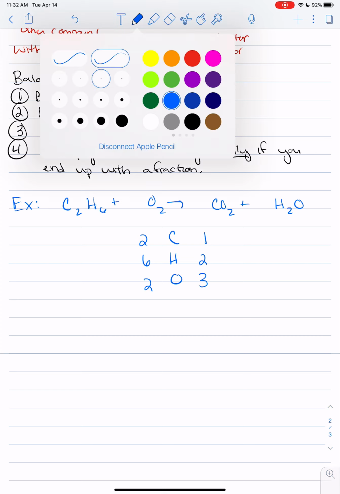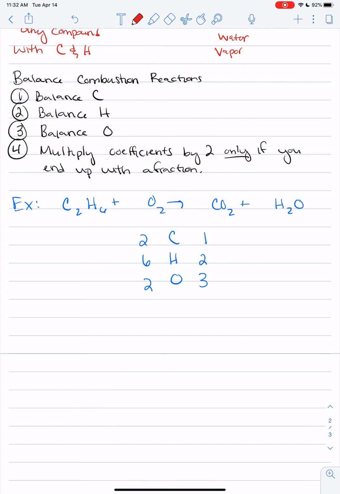So let's start by balancing our carbon. We have 2 on the left, we need 2 on the right, we only have 1, so we're going to multiply it by 2. That's going to change our carbon to 2, so that will be balanced. But now it's also going to change that oxygen. So we have 2 times 2 is 4 oxygens plus 1 more from the water. So this gives us 5 oxygens.